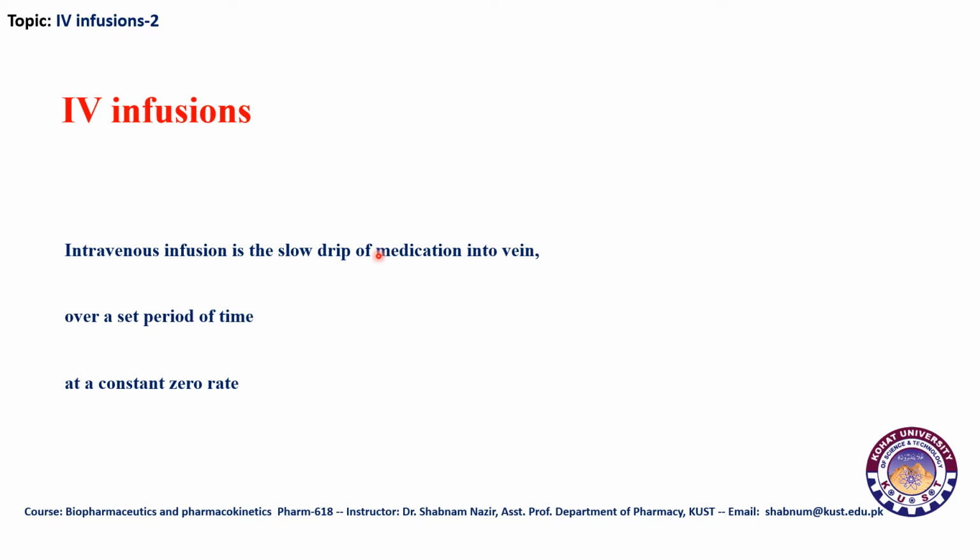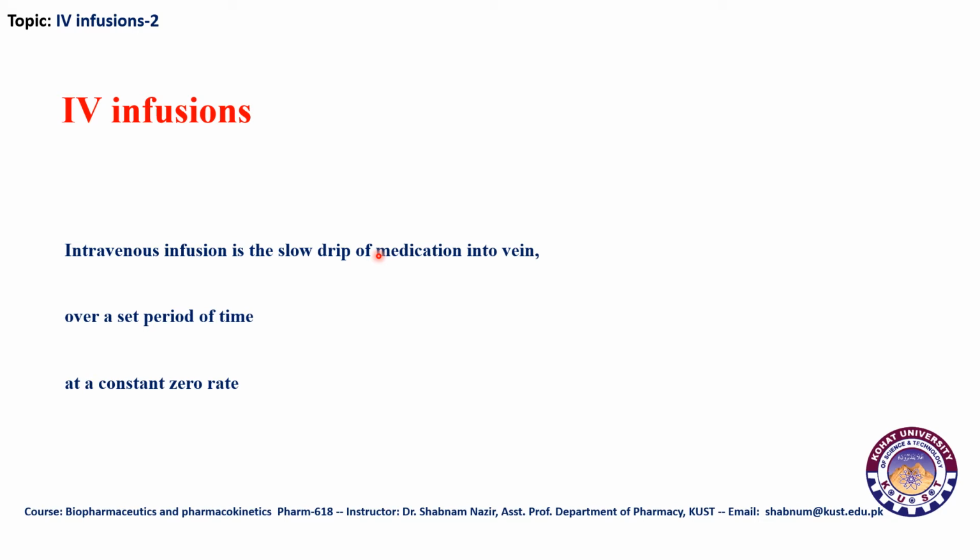Whenever we say that this kinetics is following a zero order rate, what it means is that the kinetics of that specific process, here the absorption process, doesn't depend upon the drug's concentration or amount of the drug within the body or at the site of absorption, because here we can see that the drug is being directly delivered into the veins at a very constant and slow pace, irrespective of how much quantity of the drug is present in the circulation.